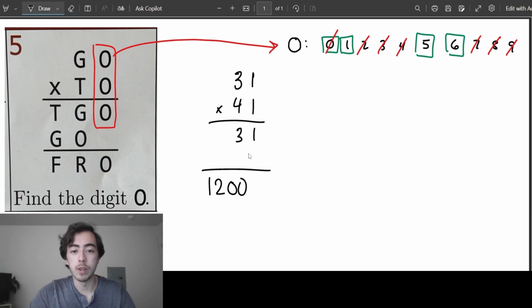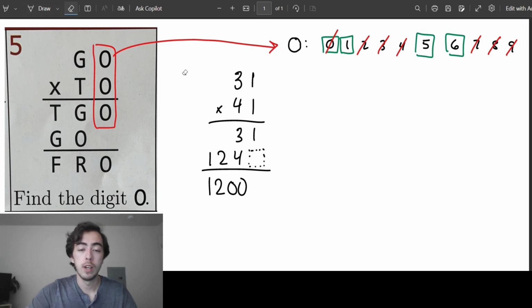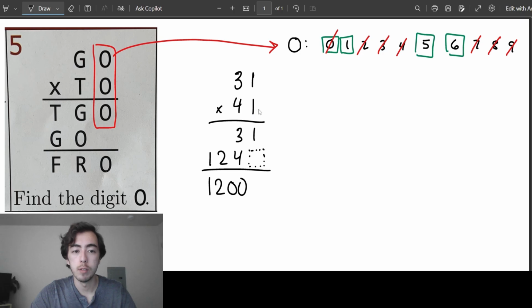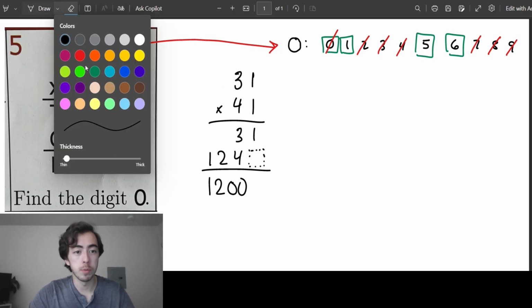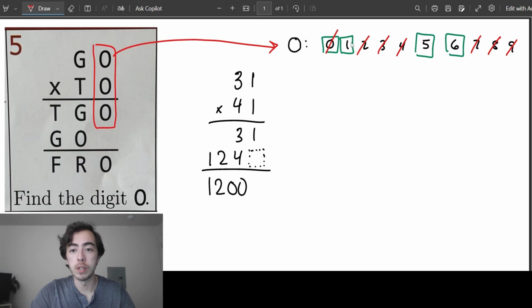Oh, but then at this point, I would put a 0 here as a placeholder, but since it's blank, I'll just leave a blank spot. But at this point, I'll be multiplying these numbers, and I don't have a 100s place here. So I think that rules out 1, because even if I have a bigger number right here, I would just have that same digit right there instead. And there's no way for me to get a 100s place if O is the digit 1.